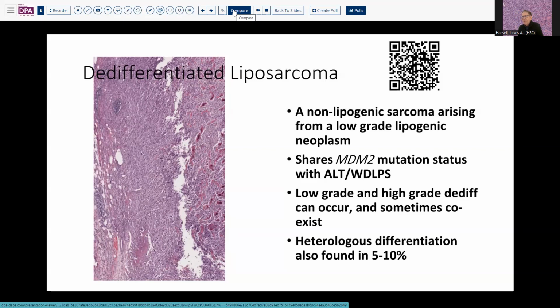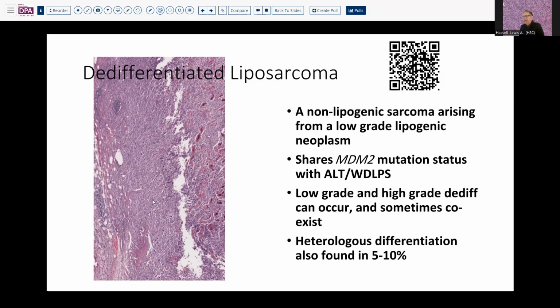So this process of dedifferentiation and producing a high-grade sarcoma, which is really a non-lipogenic sarcoma that arises from a low-grade lipogenic, pseudo-lipogenic neoplasm, is a typical course. And this lesion can have heterologous differentiation. Here we see some actual osteoid differentiation, but we can see smooth muscle differentiation or chondroid differentiation as well in these lesions. And sometimes it can be low-grade rather than purely high-grade.